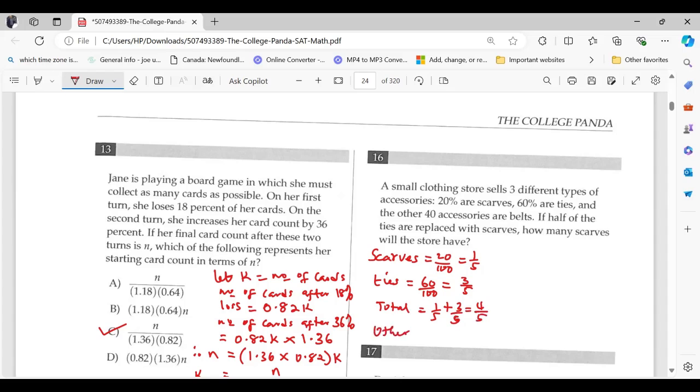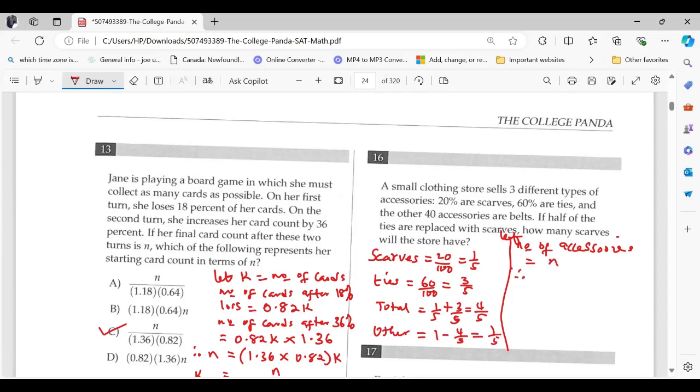The other is equal to 1 minus 4 over 5, the fraction of the other, which is 1 over 5. Let the number of accessories be n.